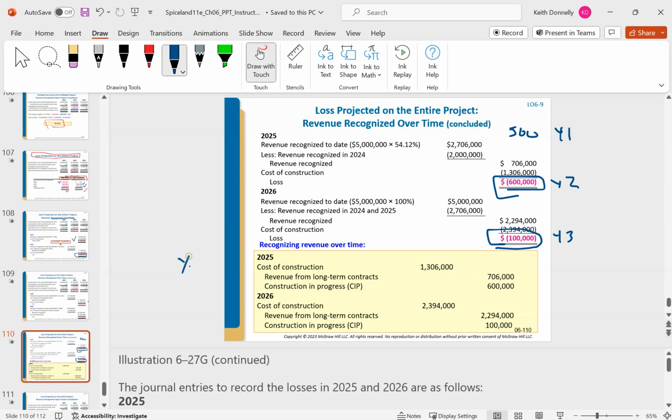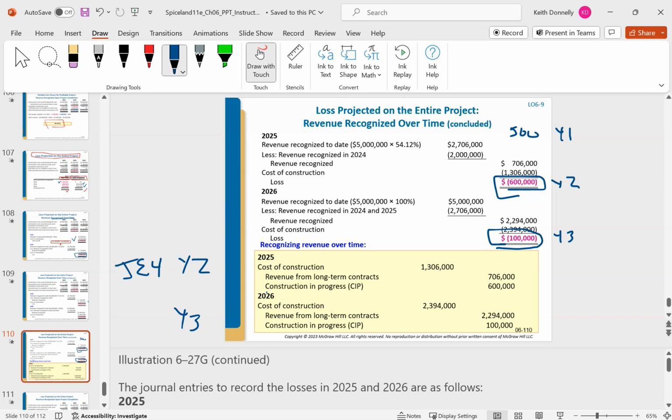How do you deal with this? The journal entries for year 2 and year 3. It's still that same journal entry 4, but just like we showed, you credit construction in progress. You can get it as a plug, or you can think of it like the percentage of the loss each year that goes in there.